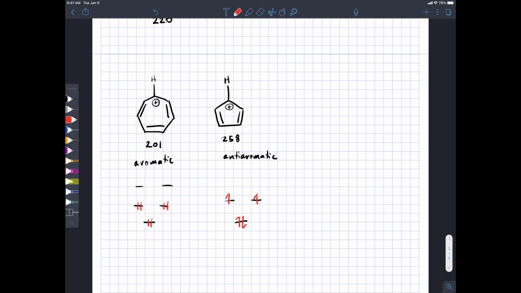Okay. And it turns out that if you look at the stability of just a non-resonance stabilized secondary carbocation, it's actually more stable than that carbocation. Sometimes these antiaromatic carbocations will distort themselves so that they are no longer antiaromatic.